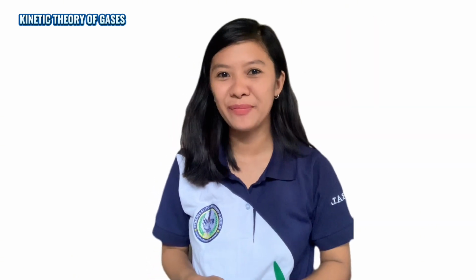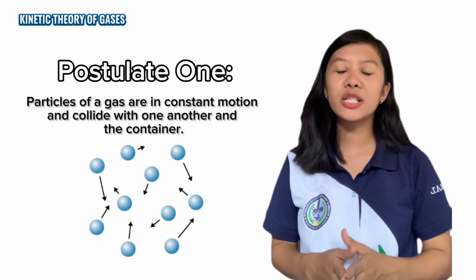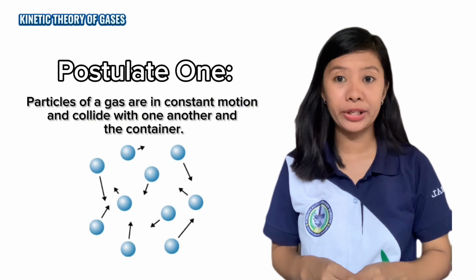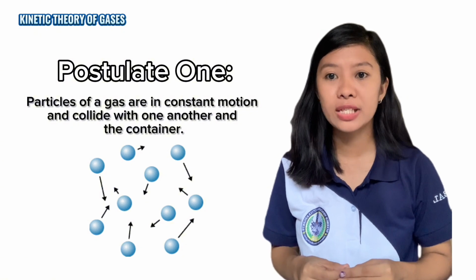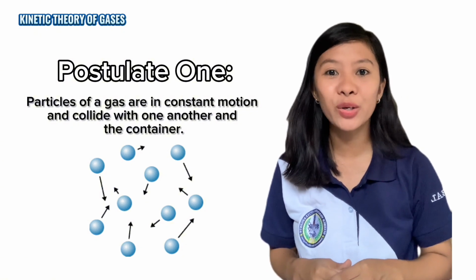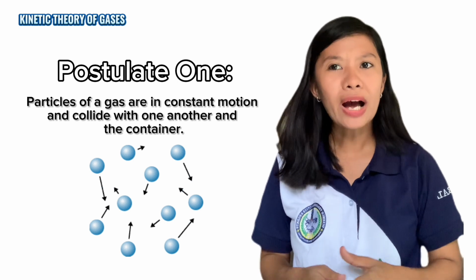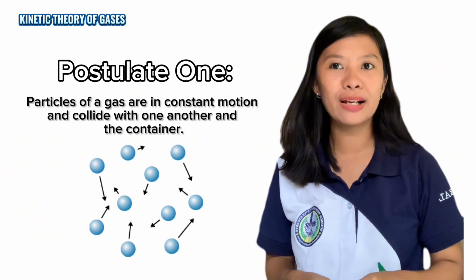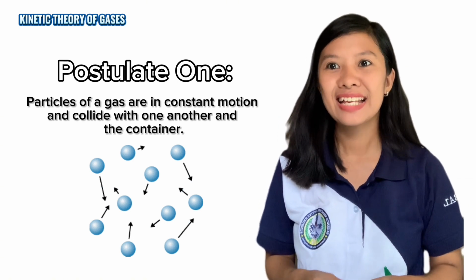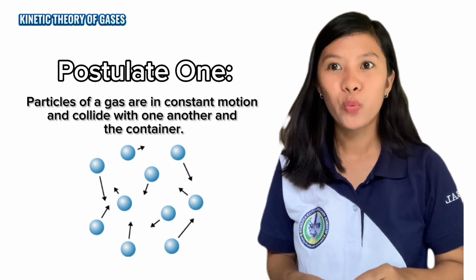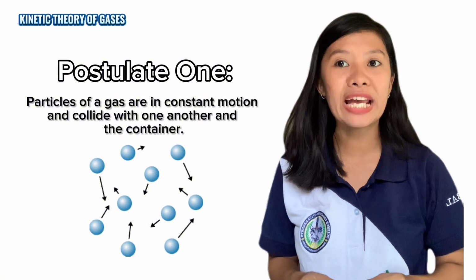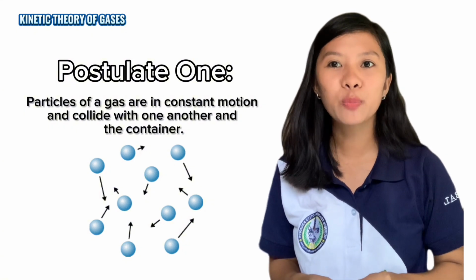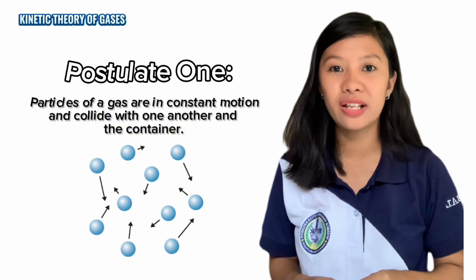Let us go through each postulate and talk about what they mean. We make the assumption that a gas is made up of particles, whether they are individual atoms or small molecules, and that these particles are always in motion. Throughout their motion, these particles travel in a straight line unless they collide with something, whether that is another gas particle or the walls of whatever container they are in, at which point they will bounce off and change directions.